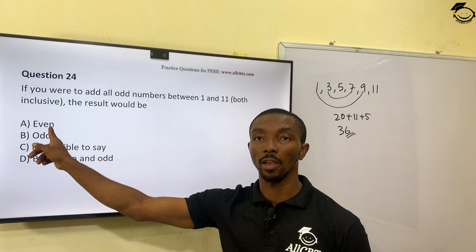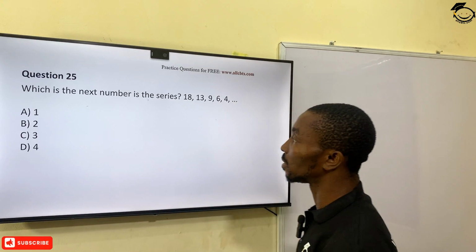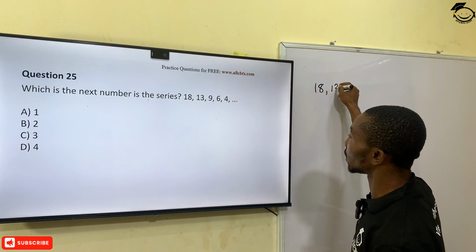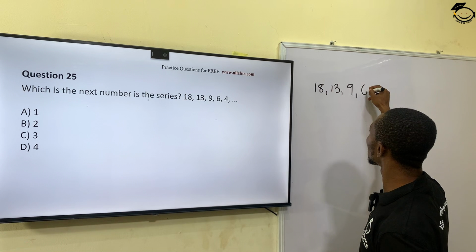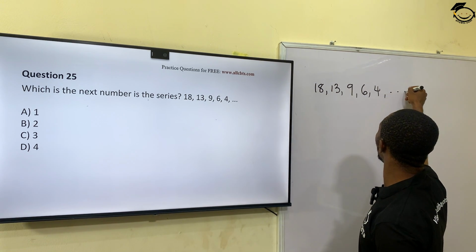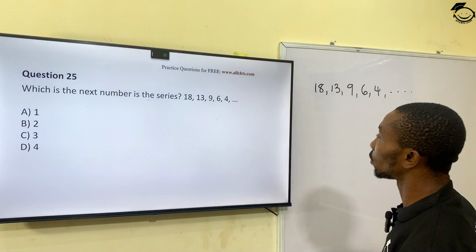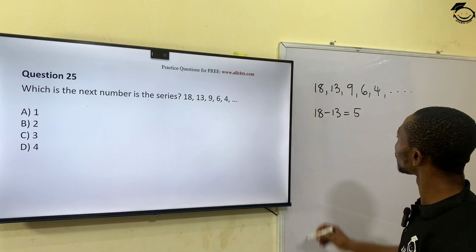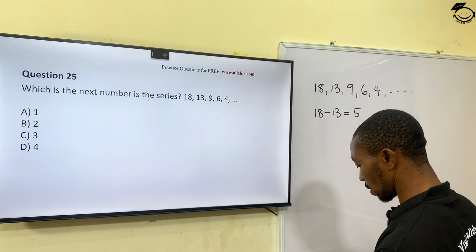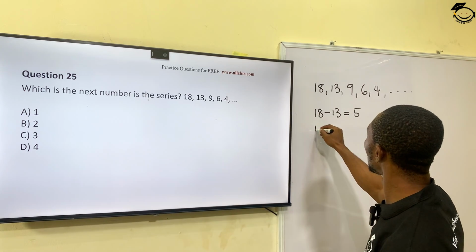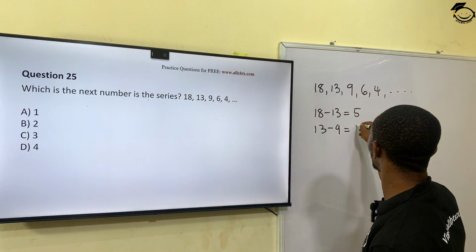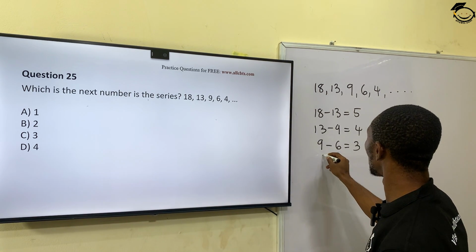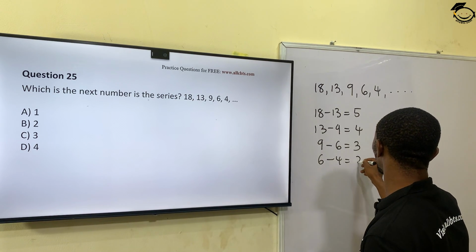Which is the next number in the series? We have 18, 13, 9, 6, 4. Now let's look at the difference. 18 minus 13 gives us 5. 13 minus 9 gives us 4. 9 minus 6 gives us 3. 6 minus 4 gives us 2.